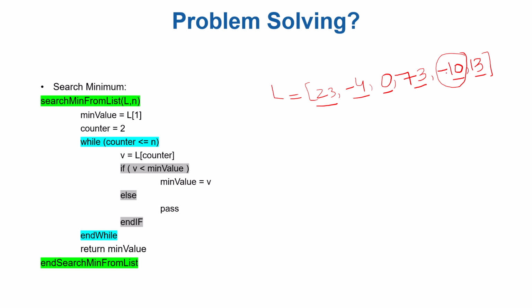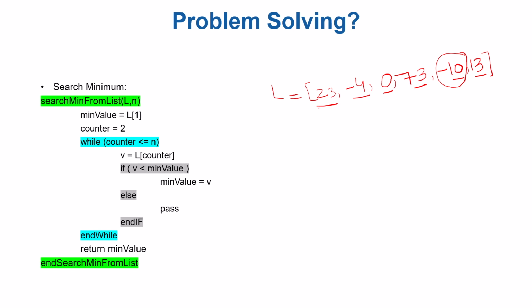But if you have two values with negative signs, the value with the bigger magnitude is actually smaller in the negative sense. So if you compare minus 4 and minus 10, minus 10 is smaller in the negative domain. In the positive domain, the result is different.